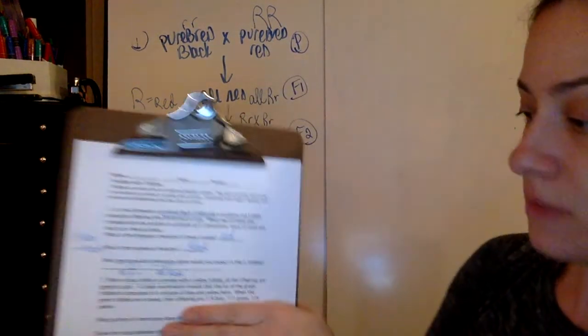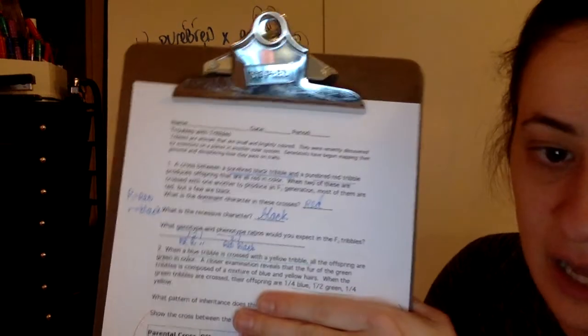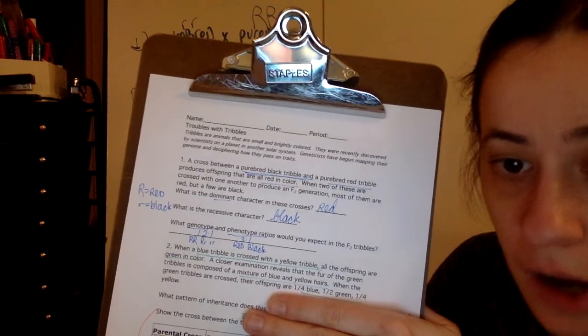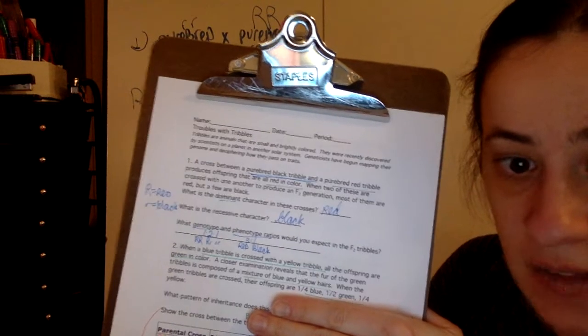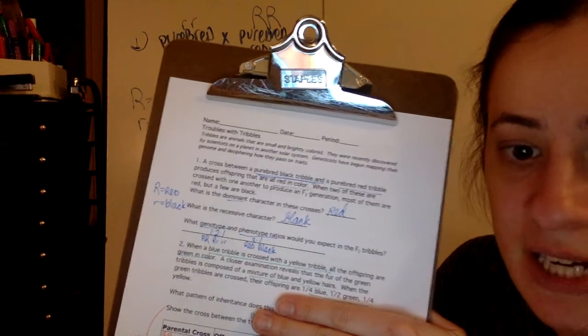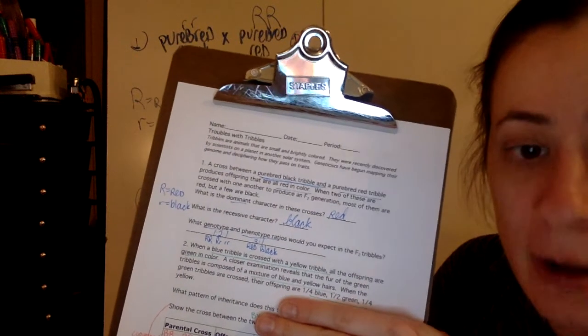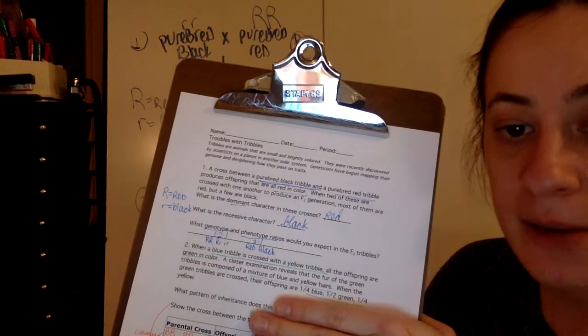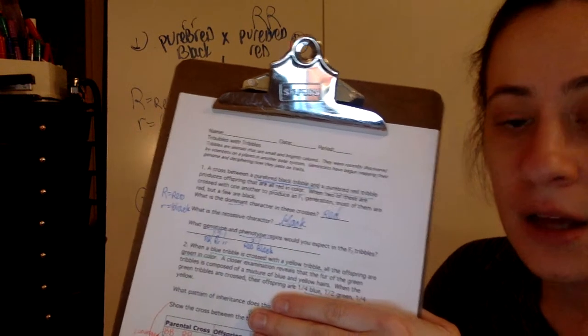For this next one, it says when a blue tribble is crossed with a yellow tribble, all the offspring are green in color. A closer examination reveals that the fur of the green tribbles is composed of a mixture of blue and yellow hairs.